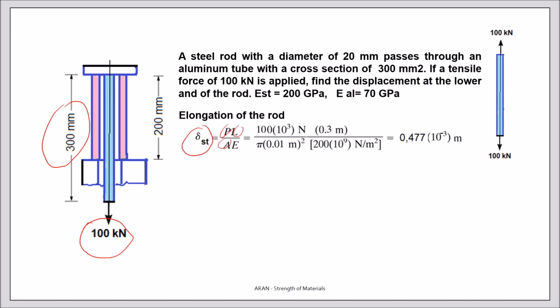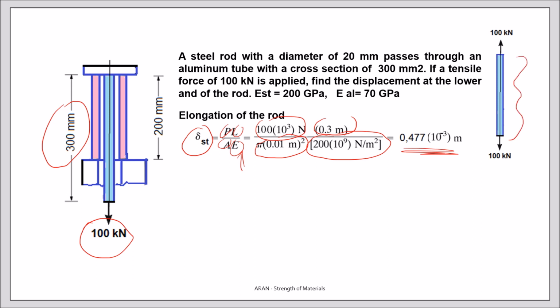PL over AE, force newtons, length, that is the area, and that is in gigapascals, the elastic modulus. The result is 0.477 10 to the minus 3 meters. So this rod will get elongated.